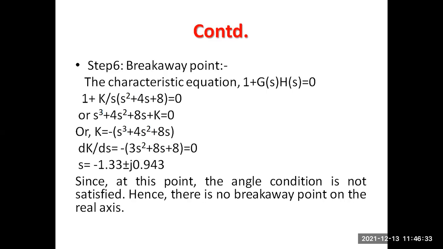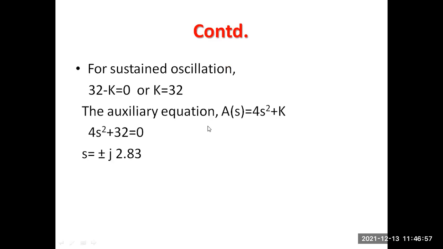K is 32. Now you form the auxiliary equation taking K equal to 32 and calculate the imaginary roots, the complex conjugate roots. Have you understood? Yes, sir. Plus minus j 2.83. Very good.